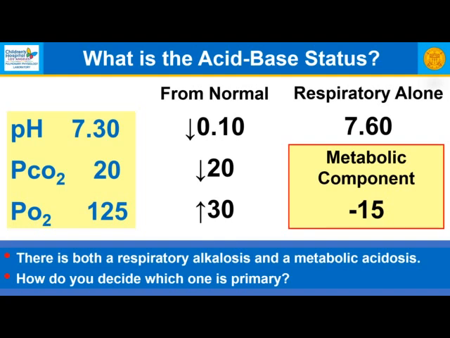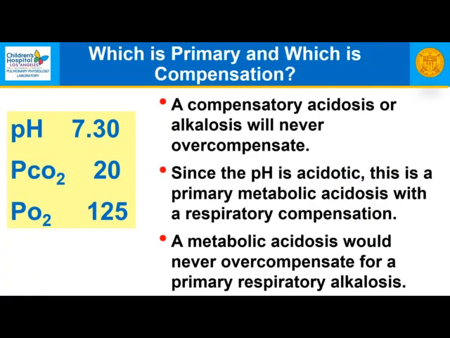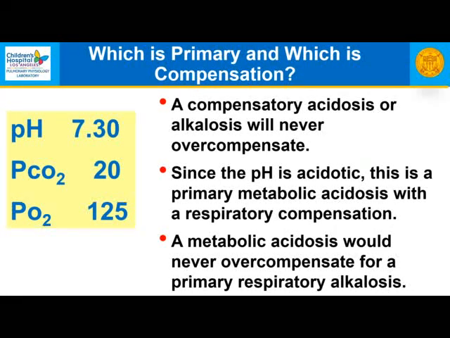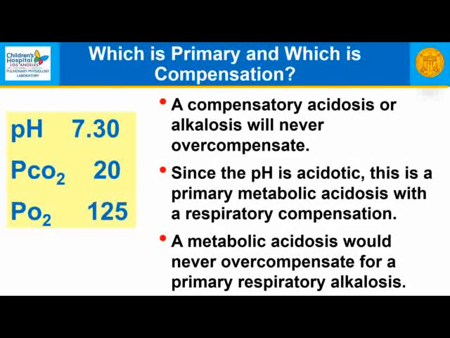We just saw this metabolic component here. How do you decide which one is primary? So it turns out that a compensatory acidosis or alkalosis will never overcompensate. Since the pH is acidotic, this is a primary metabolic acidosis with a respiratory compensation. A metabolic acidosis would never overcompensate for primary respiratory alkalosis.